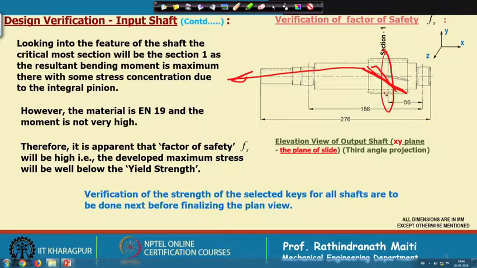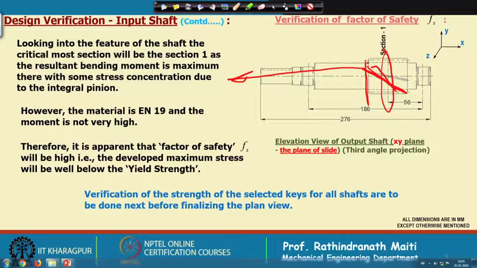Here torque will be somewhat less if we want the average load, but in that way probably the next critical section would be like this, but here the diameter is more or less the same, whereas stress concentration will be more in the mid section. So, probably verifying the factor of safety for that section 1 will be good enough to verify the design of the shaft.